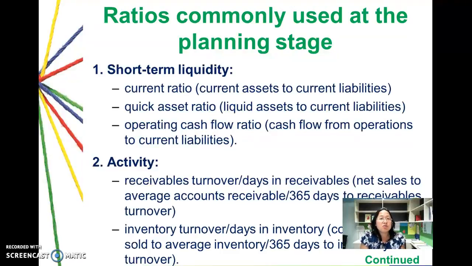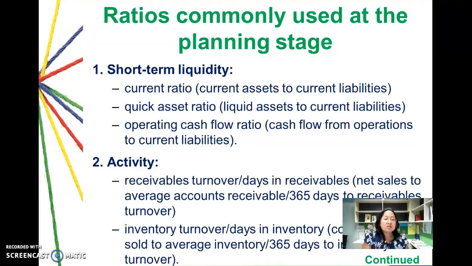The benchmark for the current ratio and quick assets ratio is higher than 1. That means they have more assets to pay the debt, right? The operating cash flow ratio measures the cash flow from operations relative to the current liabilities, right?